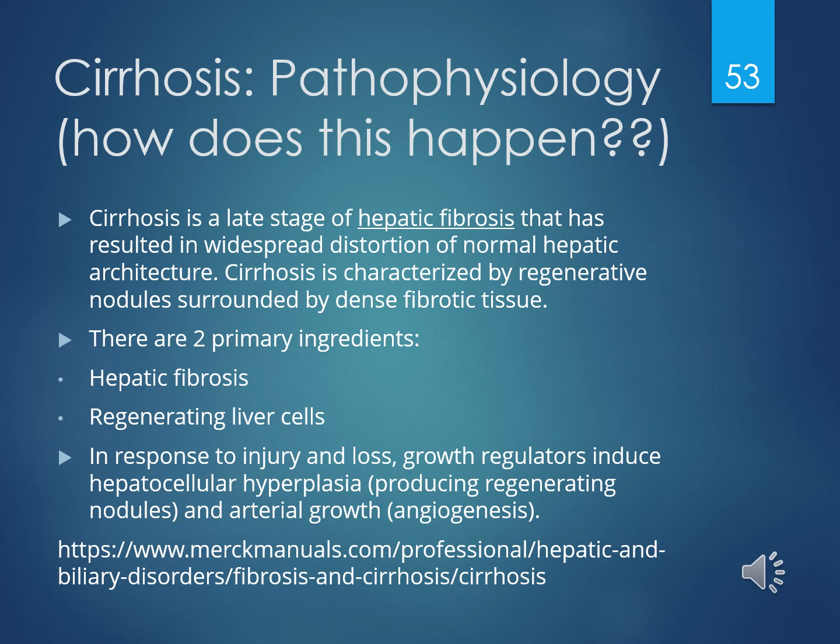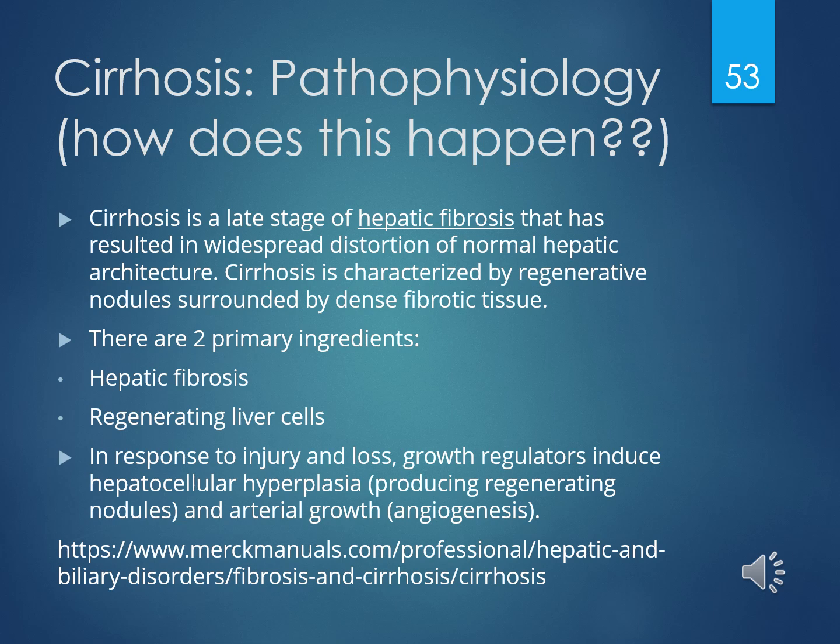So cirrhosis is a late stage of hepatic fibrosis that has resulted in widespread distortion of normal hepatic architecture. Fibrosis is that scarring, right? It's adding in fibrotic tissue. Cirrhosis is characterized by regenerative nodules surrounded by dense fibrotic tissue. So it's scarring and regenerating.